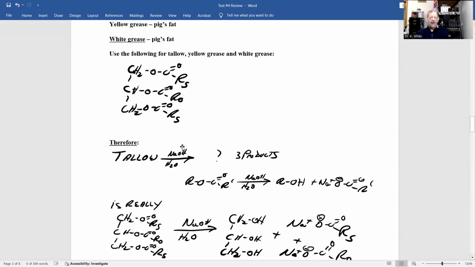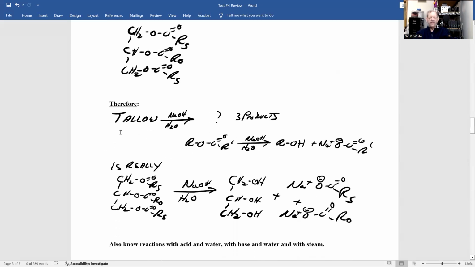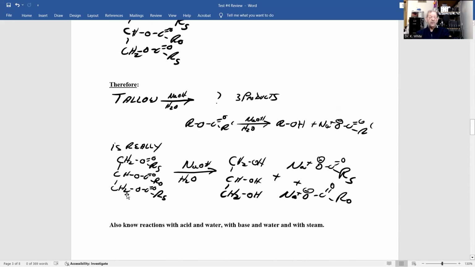So therefore, if I were to ask on a test, give the reaction products for tallow and sodium hydroxide and water, what do you do? And if I also be nice enough to tell you there's 3 products, well, tallow and white grease and yellow grease is really this compound. And it's a triglyceride.